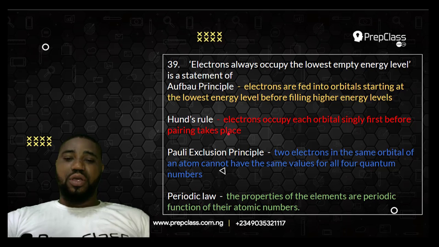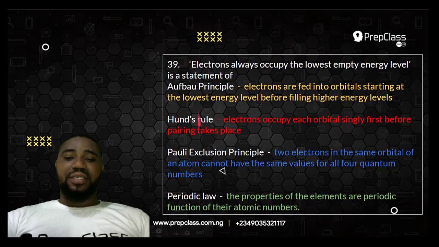Then the Pauli exclusion principle states that two electrons in the same orbital of an atom cannot have the same values for all four quantum numbers. Then the periodic law states that the properties of an element are a periodic function of the atomic numbers.